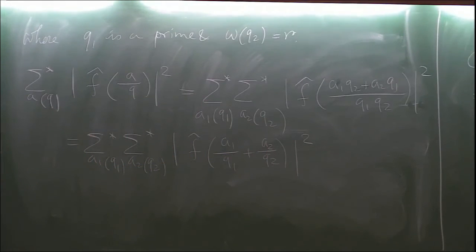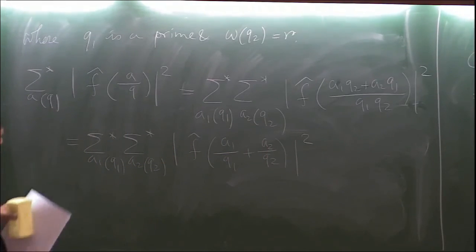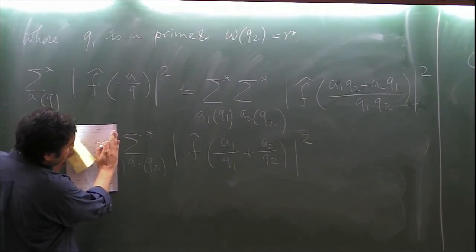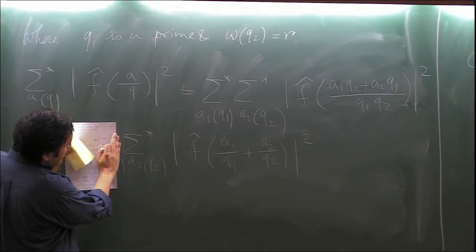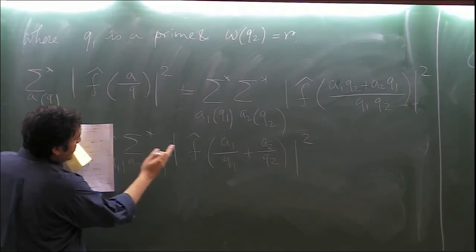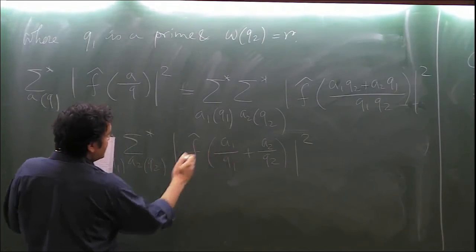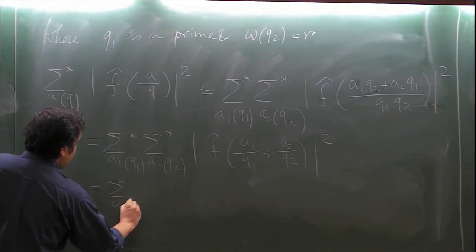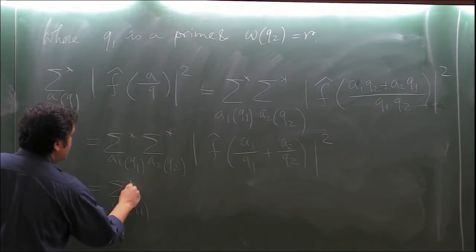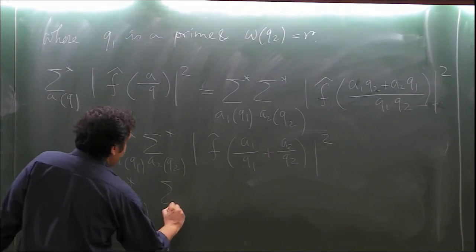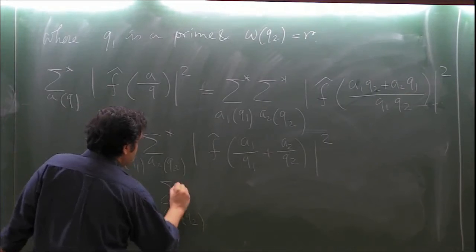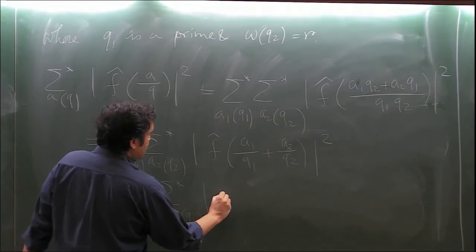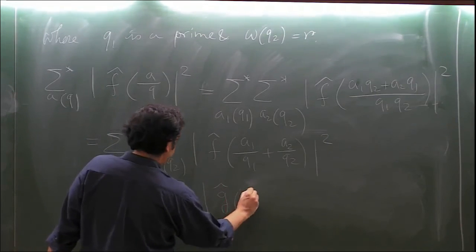Okay. Now what to do? So you forget this sum, and you consider this as a constant. So you can write it as sum of A1 mod Q1 star. So don't do anything. A2 mod Q2 star. So think of it as G hat of A2 by Q2.